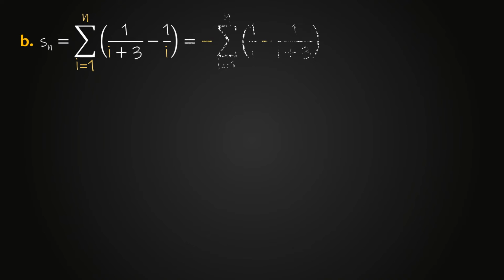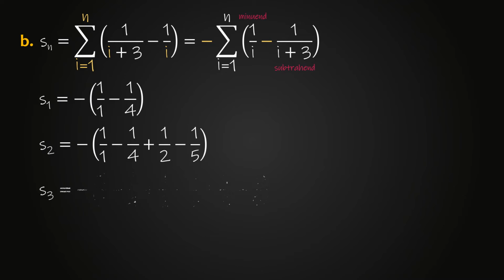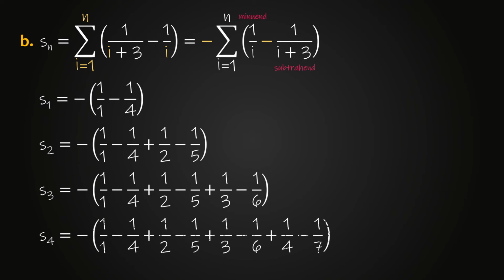B. The nth partial sum is the summation of the first n terms of the series. For each n, let's call the first term the minuend and the second term the subtrahend. Write the terms of the partial sums, and then write out terms that cancel each other.